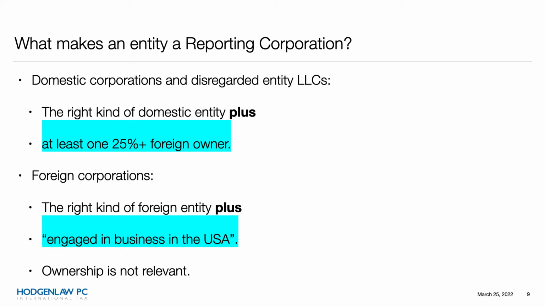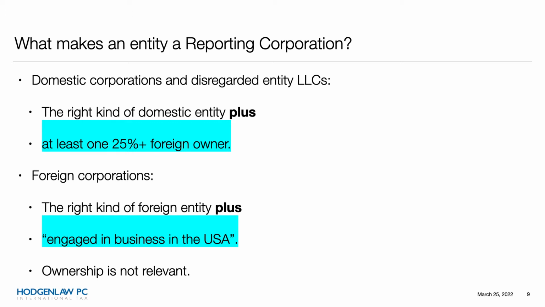So you can see how this is an example of how things metastasized, because you went away from this ownership concept to engaged in business, and you went away from domestic corporation to other types of entities as well.